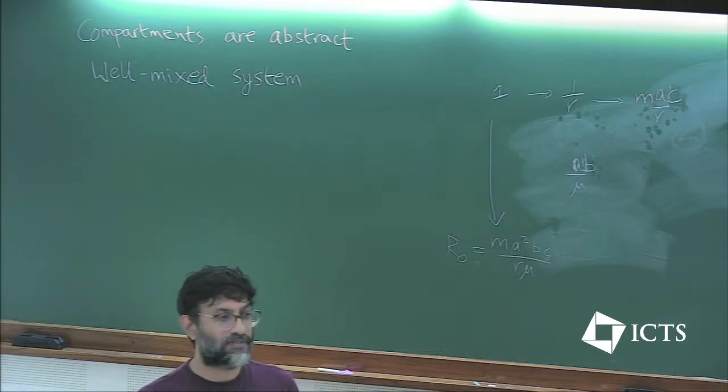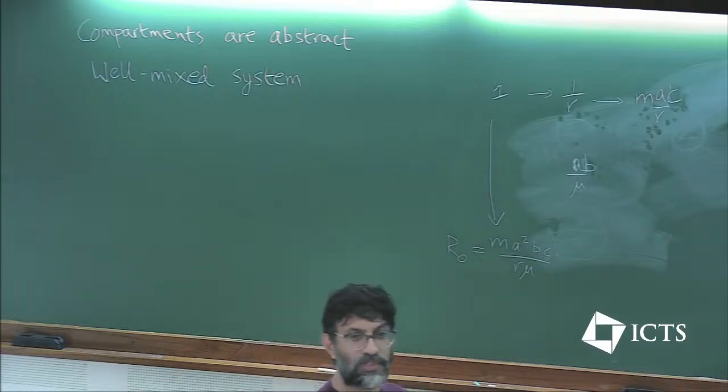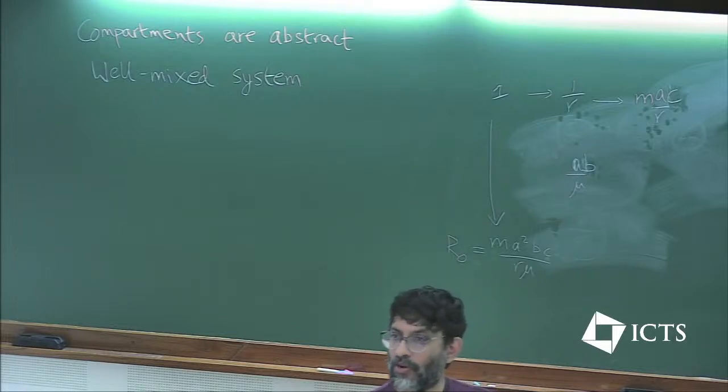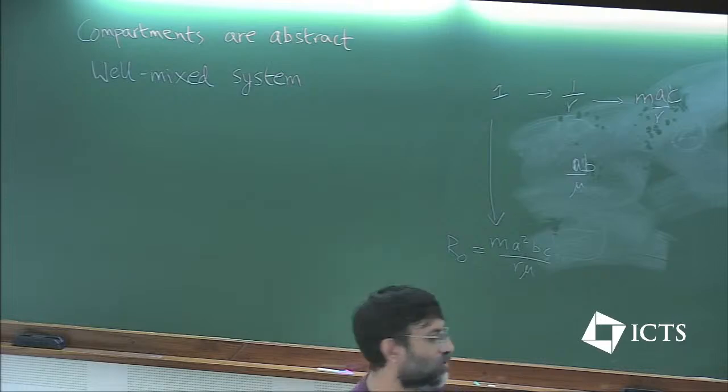So the first fact that he was able to use from his model is to say that there is a threshold in all of these parameters. You don't have to completely eradicate everything in order to make a disease not spread. You only have to bring it down below a threshold.